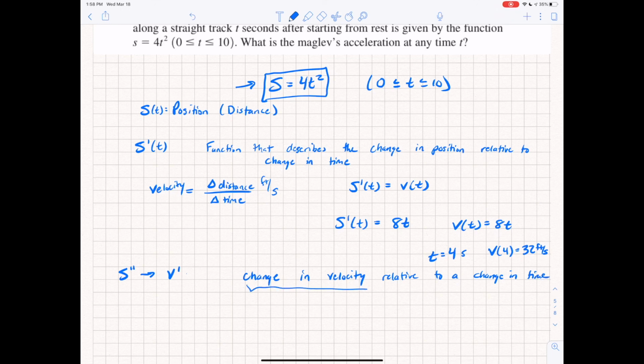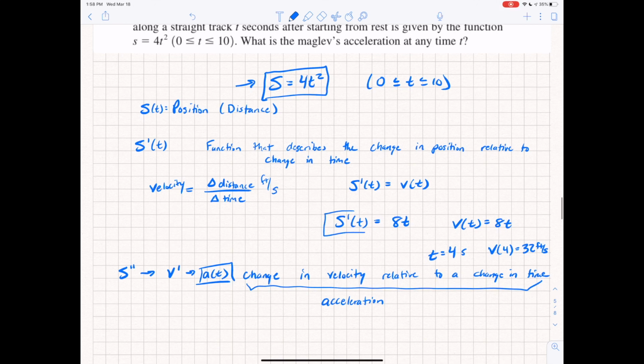And this, by definition, is acceleration. So what the derivative of velocity gives me is the acceleration at any time t that I care for in terms of my position.